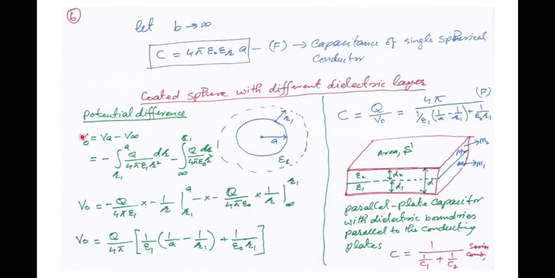So first we have to define the potential difference between the surfaces at r equal to a and r equal to infinity, which results in this expression, that is V naught equal to q over 4 pi times 1 upon epsilon 1 into (1 upon a, the radius of the inner conductor, minus 1 upon R1, the thickness of the outer coating dielectric material) plus 1 upon epsilon naught times R1.